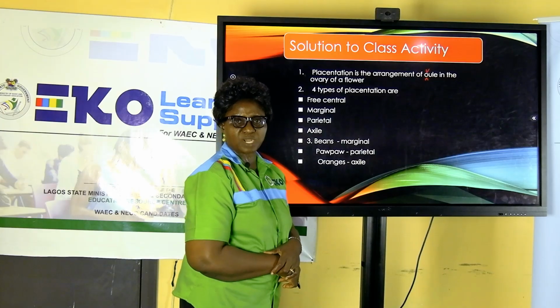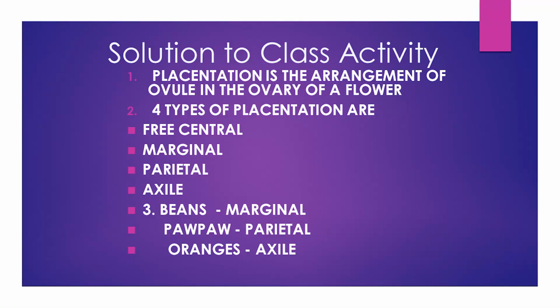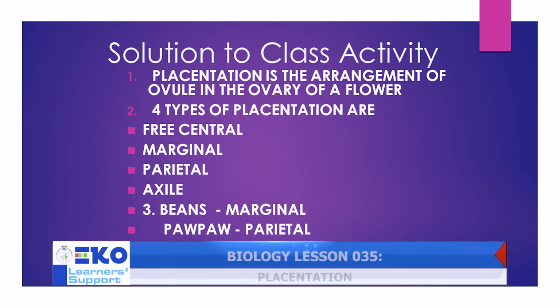And the second question asks us to state 4 types of placentation. What are the 4 types? The first one is what? Free central. Do you have that in your own answer? The second one is marginal, and you can describe it. The third one is parietal. The fourth one that I have here is axial.